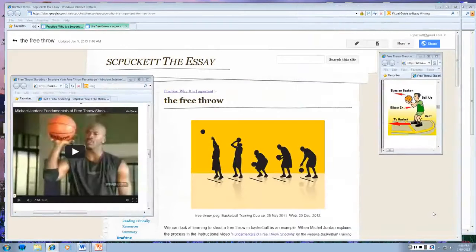I typically use free throw shooting as an example of reflective practice simply because it seems so very simple. If you look at the image at the center of the page, you see that there are basically 5 parts of the process of shooting a free throw. If you look at the image over on the right-hand side, you'll see that there are 5 points that are made about shooting a free throw.